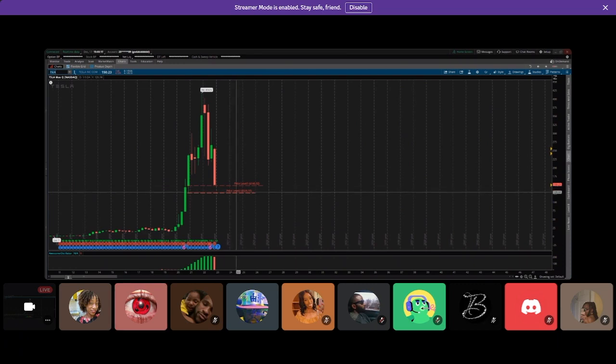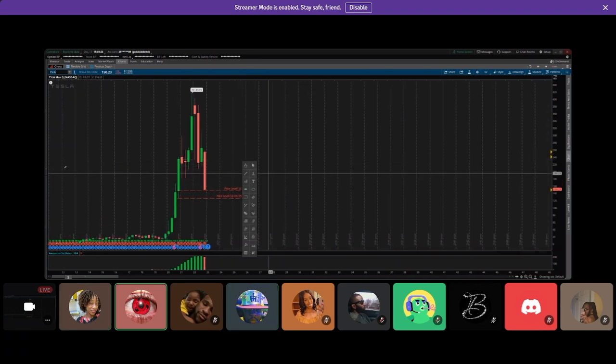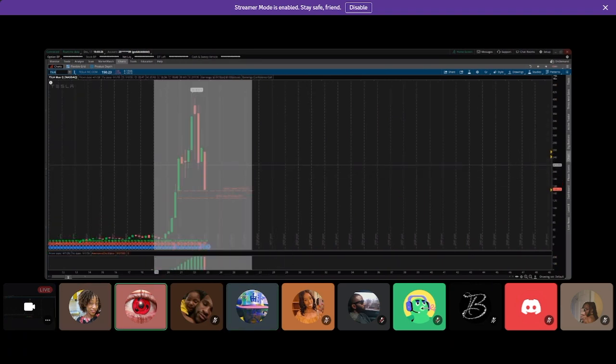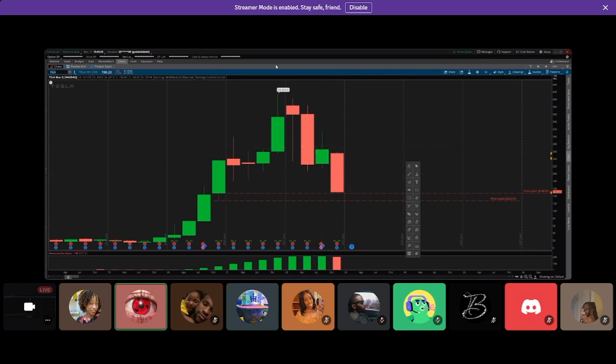I don't need to project it, but I can, because just like Tesla right here, this move was already projected from this move. So if we took this to this, you know what I'm saying?